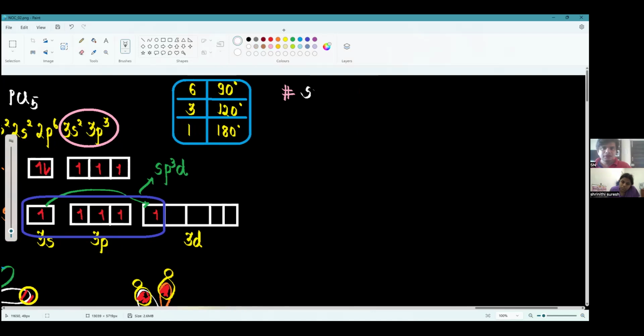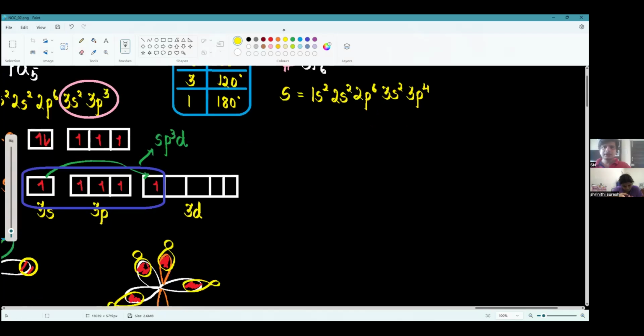Yes. So now we'll go for SF6 hybridization. The central atom is sulfur and its atomic number is 16. So the configuration will be 1s2, 2s2, 2p6, 3s2 and 3p4.